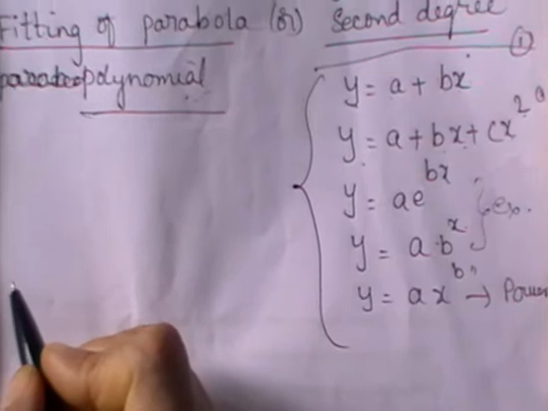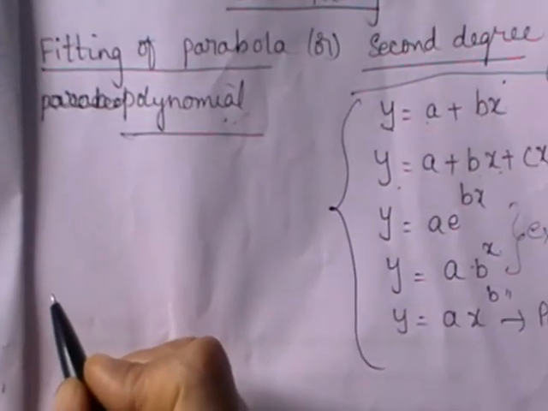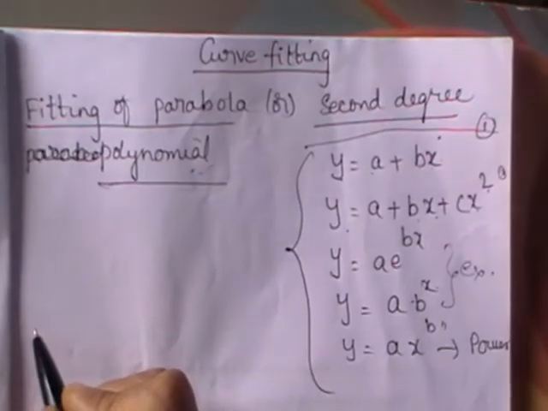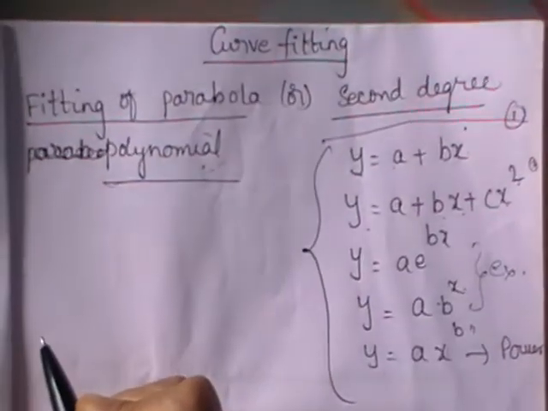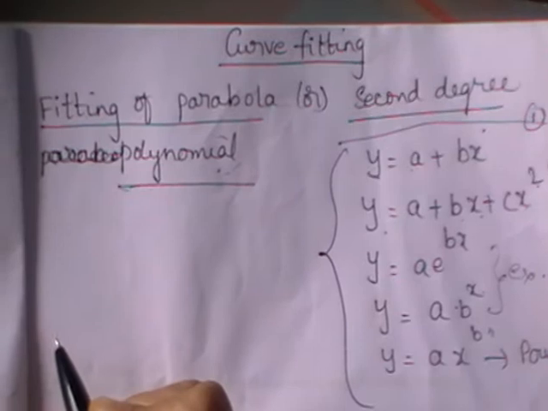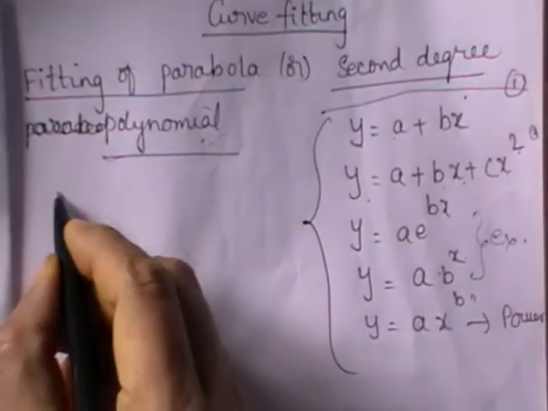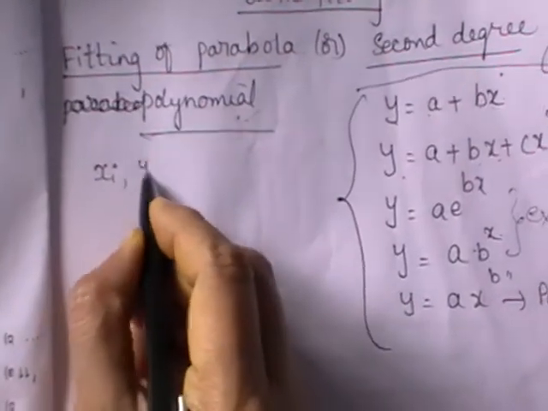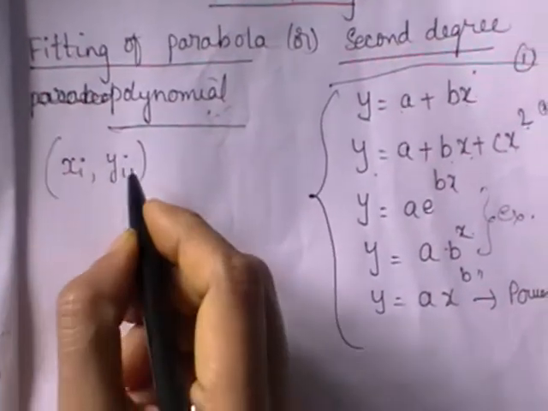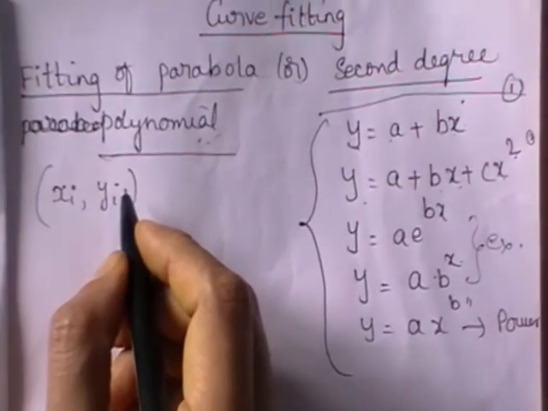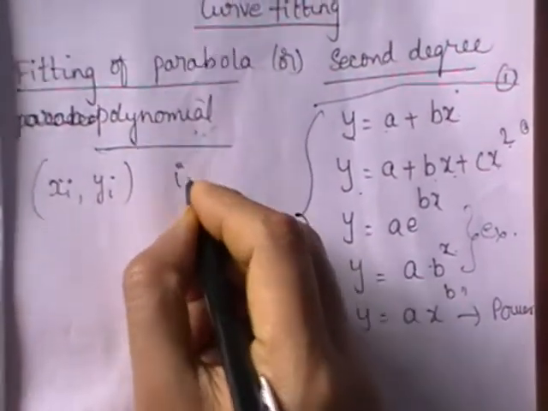The writing procedure for any of these curves starts with, just take out your notes, whatever you have written for the fitting of a straight line. What is the first sentence you have started with? Here we are going to consider bivariate data. First you should specify the data. Let xi, yi be the data collected on two random variables x, y, where these are paired observations.